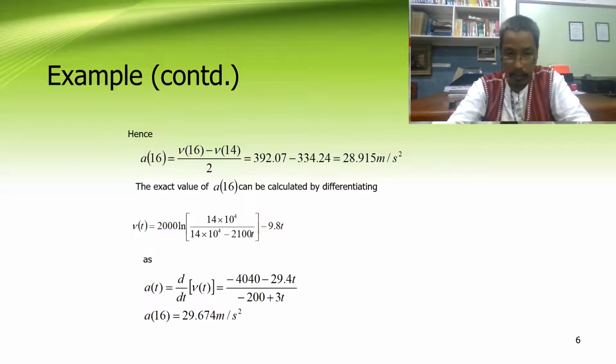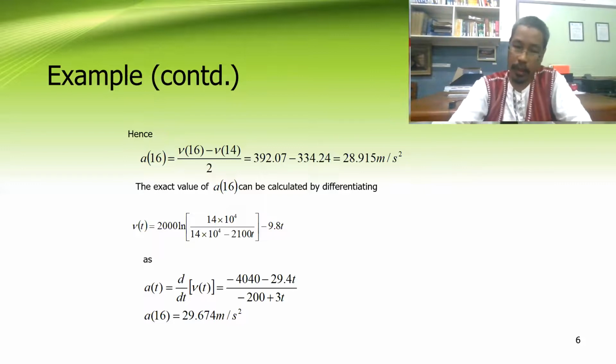However, let us take note from our previous example, or by taking the derivative, we can find that the actual or the true value of acceleration at time 16 is actually 29.674. And our approximation is what? 28.9. So it is very near, okay? Less than 1 meter per second, okay?